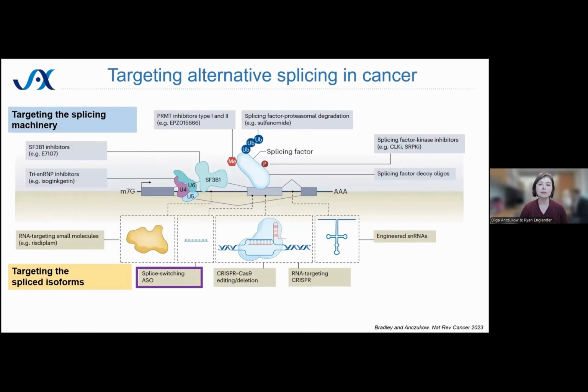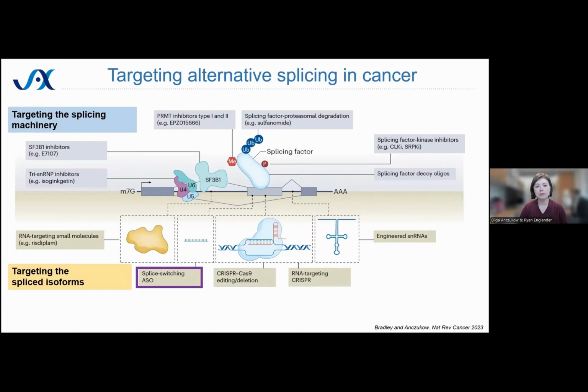Well, beyond using them as biomarkers, we can directly target splicing, and there are really two conceptual approaches. The first one, illustrated on the top, is by targeting the splicing machinery, for example, using small molecule inhibitors, and there are a number of those that are currently in preclinical or phase 1 clinical trials. The other approach is to target the tumor-specific isoforms.